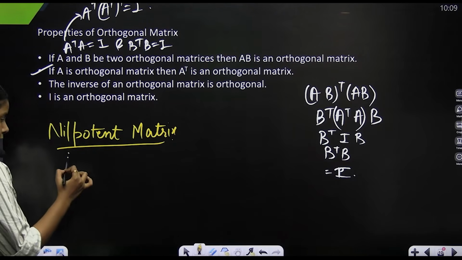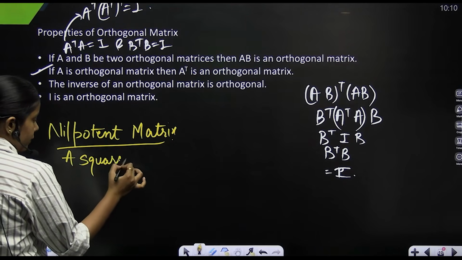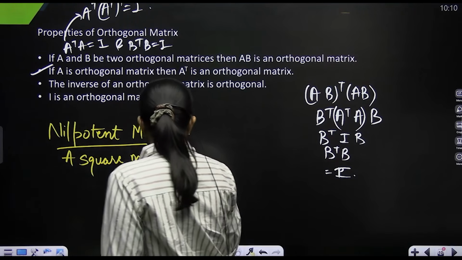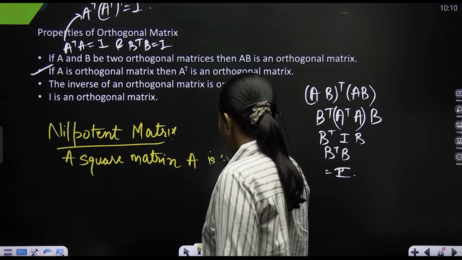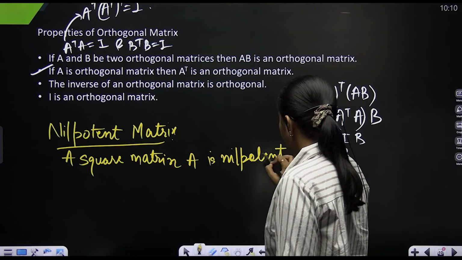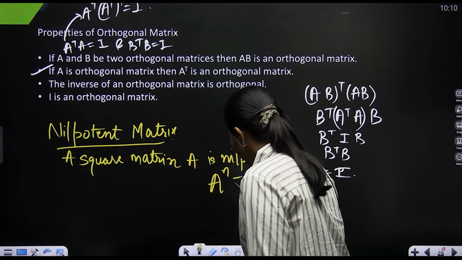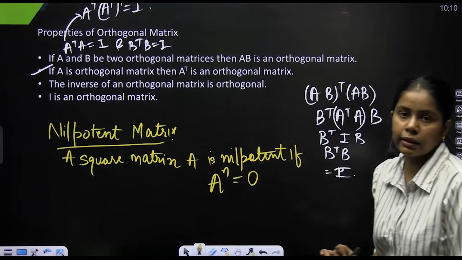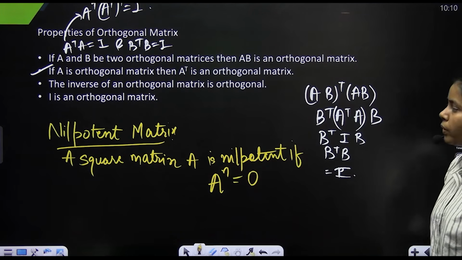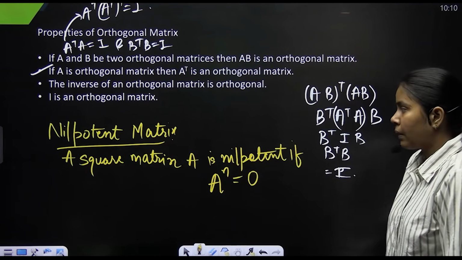A square matrix A is nilpotent if you are able to find a number n such that A to the power n would be a null matrix. If A to the power n is a null matrix, then you would have that matrix as a nilpotent matrix.